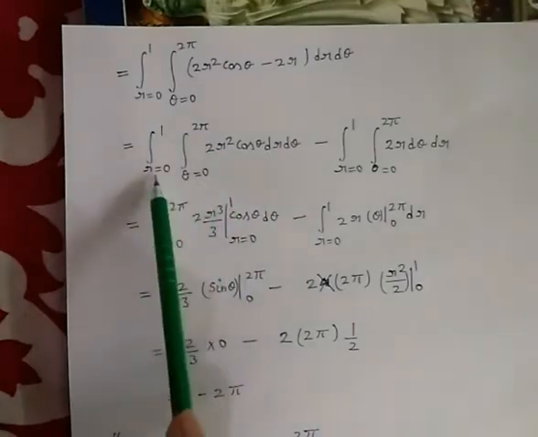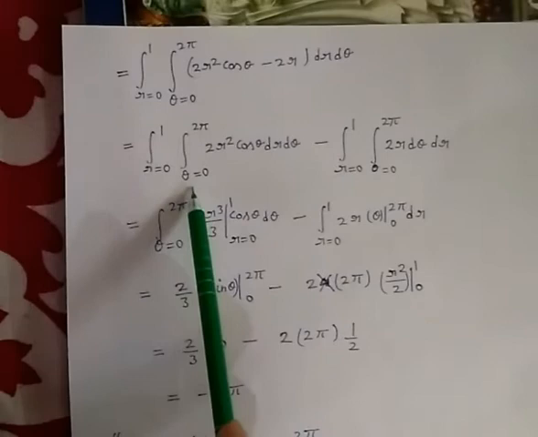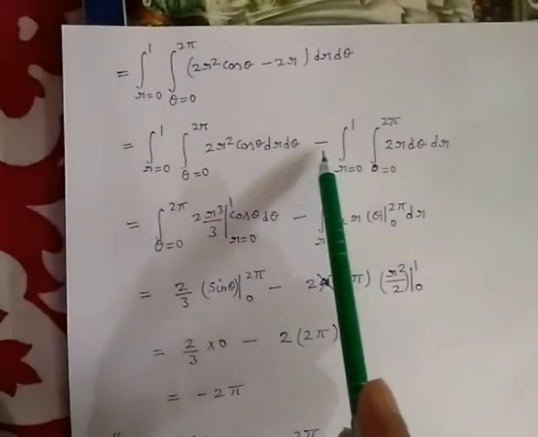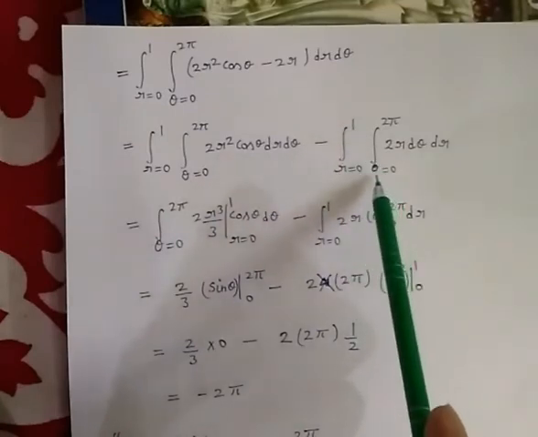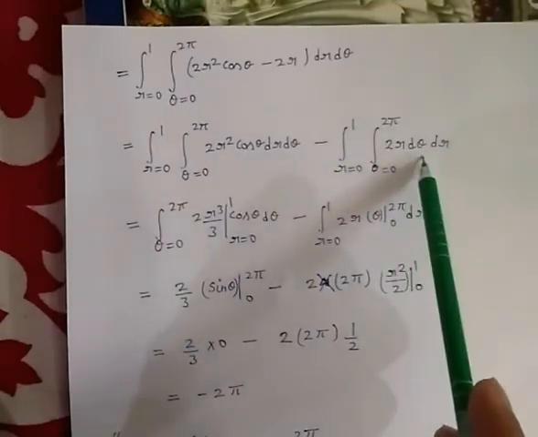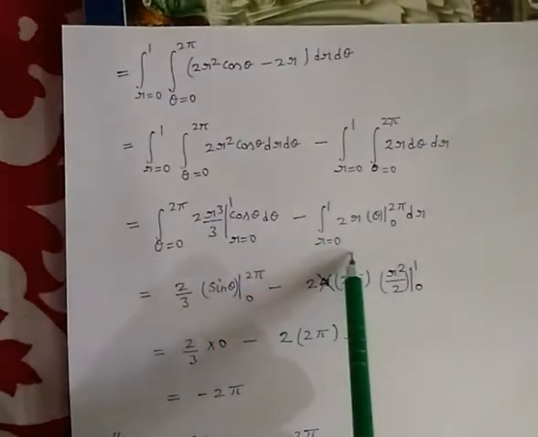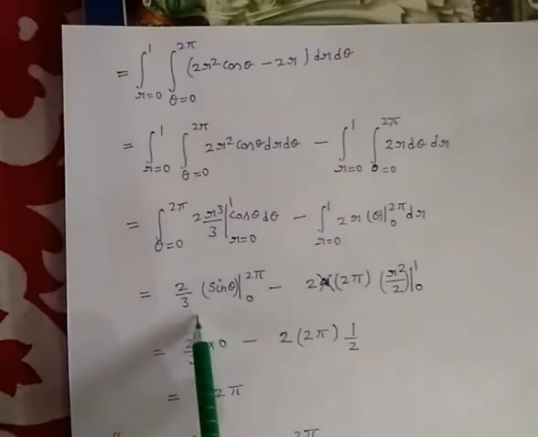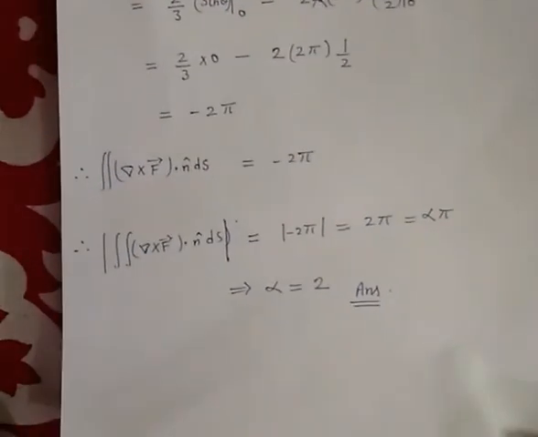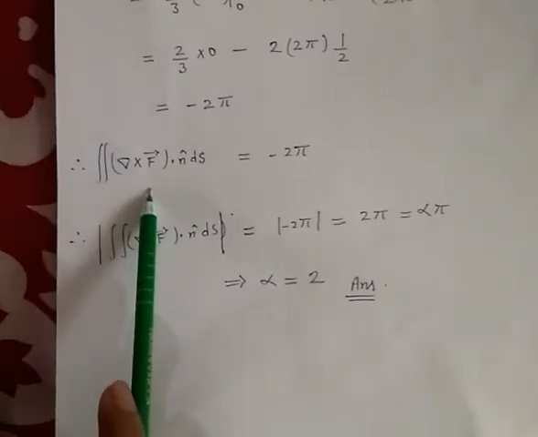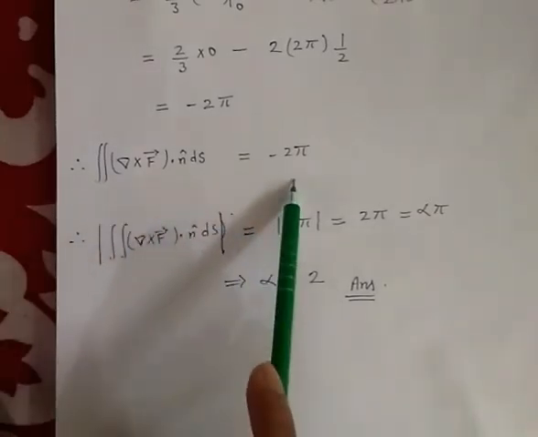This can be written as the integral of 2 r square cos theta dr d theta minus the integral of 2r d theta dr. After solving this step by step, we get minus 2 pi. Thus the value of the integral of curl F dot n cap dS is equal to minus 2 pi.